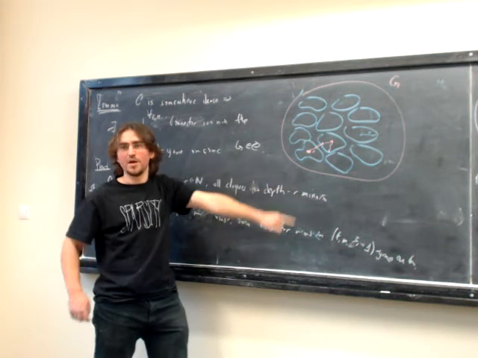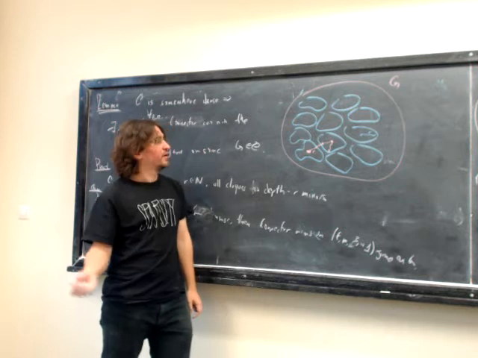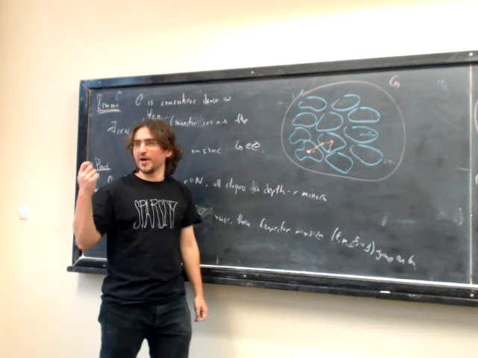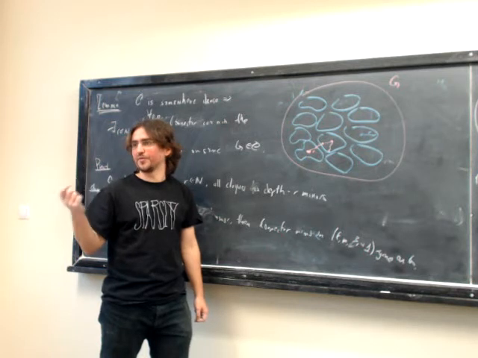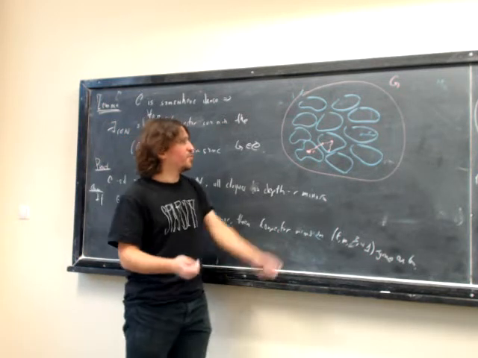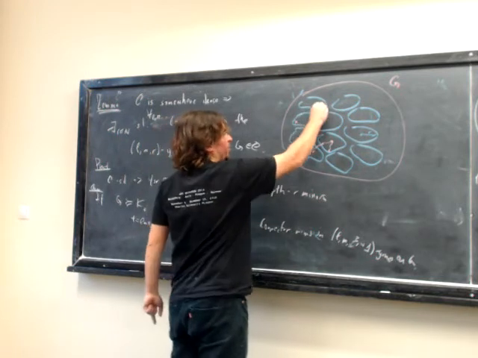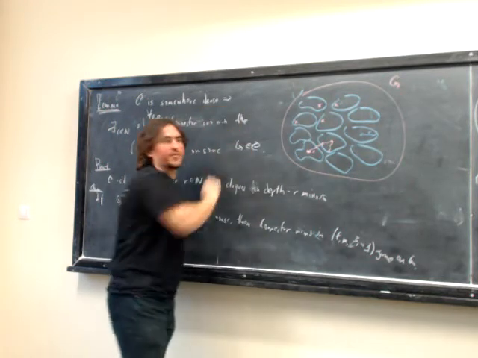No? Okay, so now the splitter gets her move. She can remove at most m vertices from the graph. But by removing m vertices, she can spoil at most m of the branches.